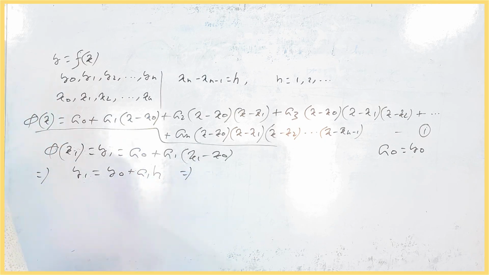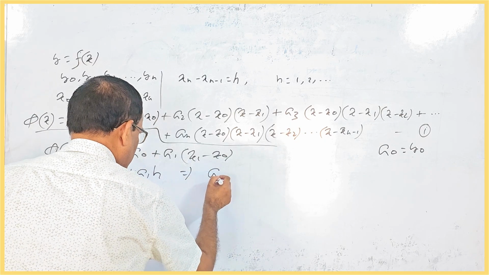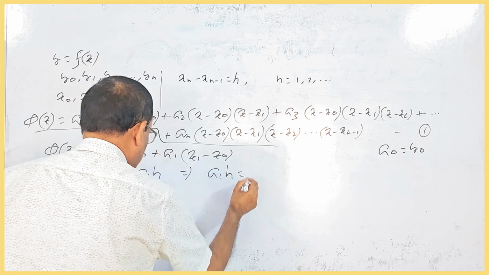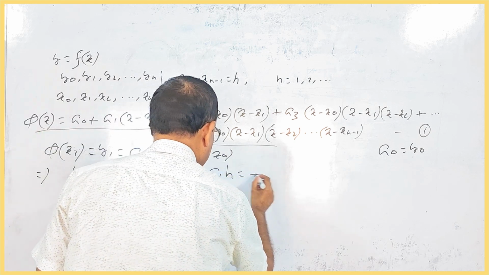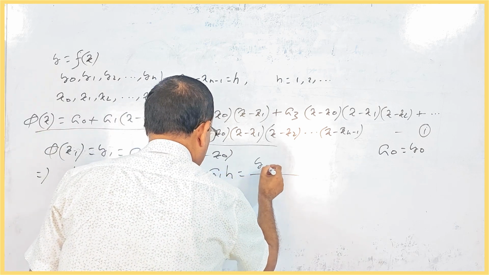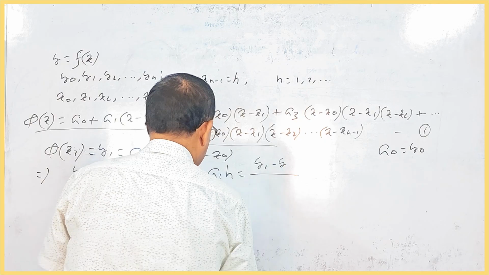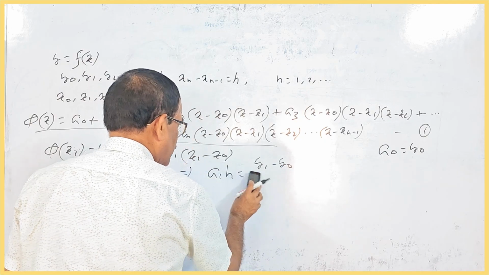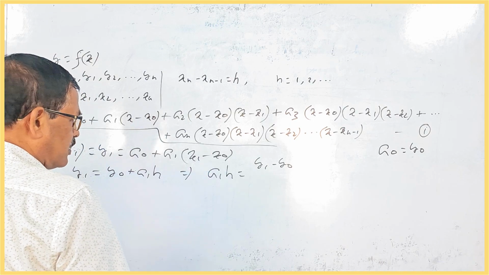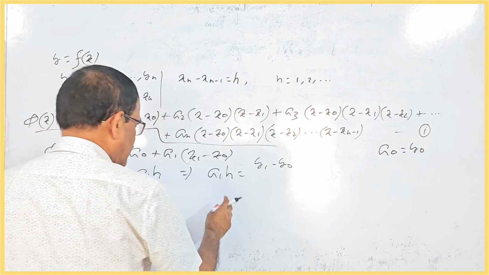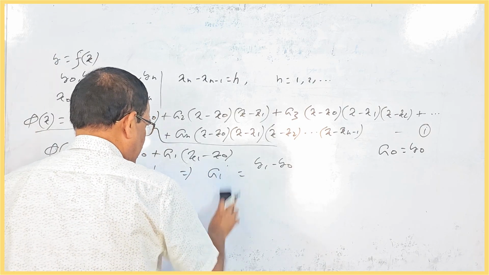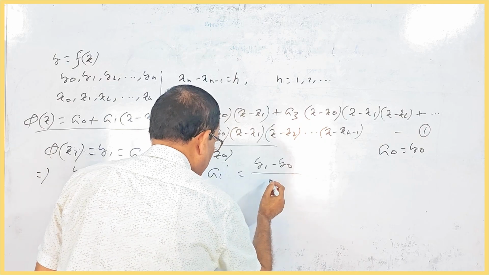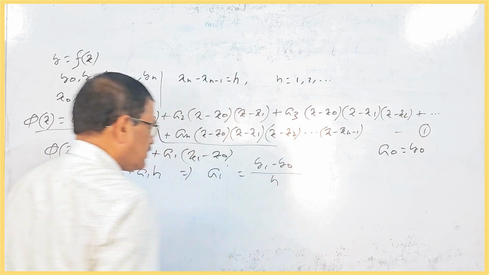So on simplification we get a1h equal to y1 minus y0. Then if I divide by h, I get a1 equal to (y1 minus y0) divided by h.